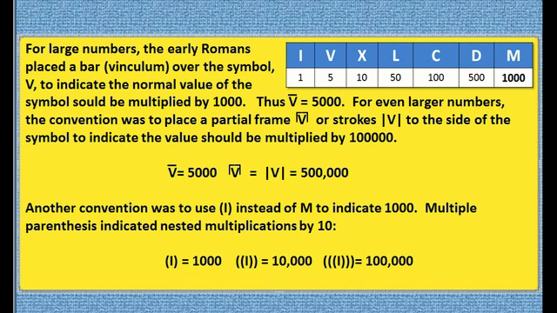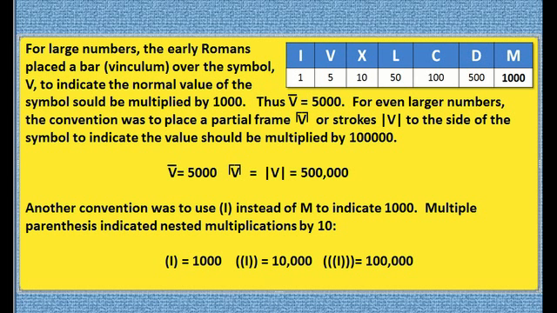For even larger numbers, the convention was to place a partial frame over the V, or strokes on both sides of the V, to indicate the value should be multiplied by 100,000. Following this convention, a V with a bar over it equals 5,000. A V with a partial frame around it, or strokes on both sides of it, is equal to 500,000.